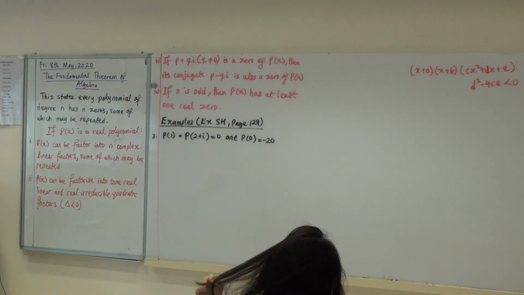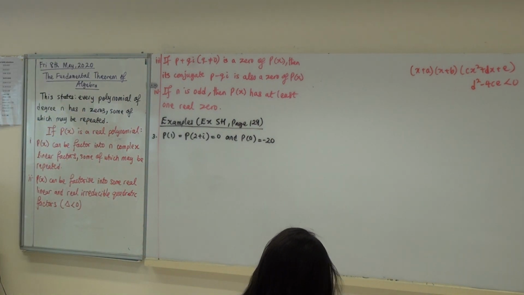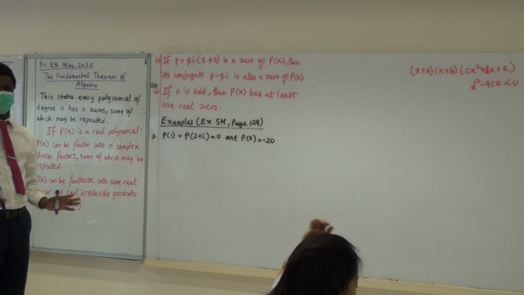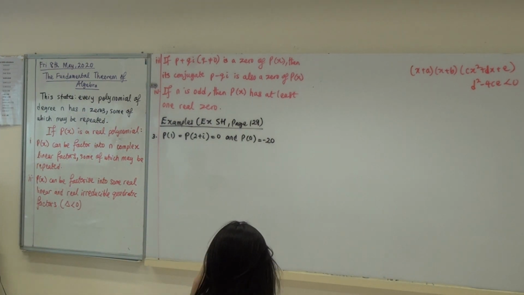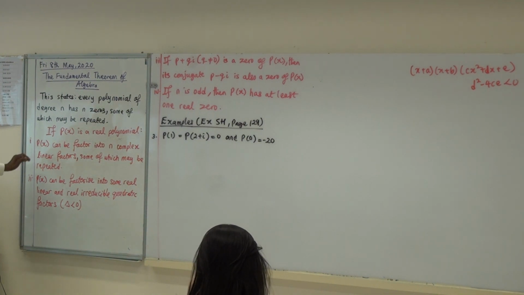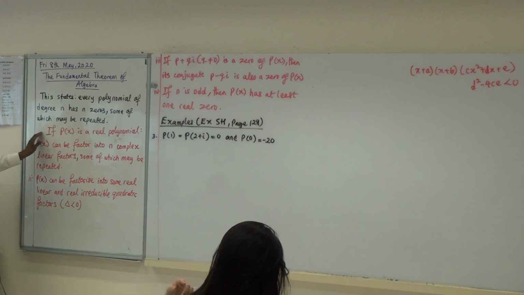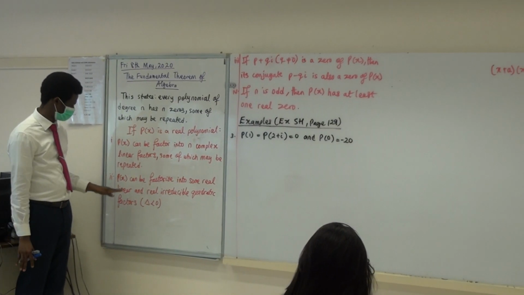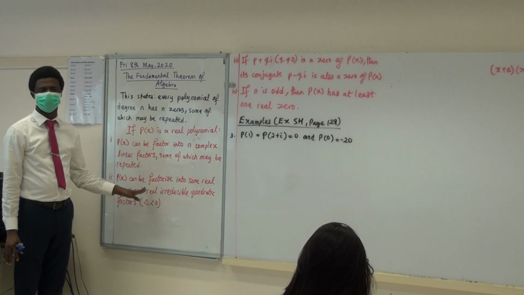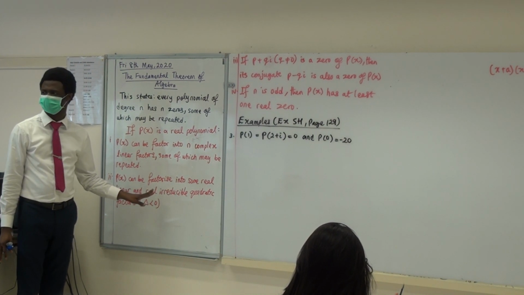Focus please. P of x is a real cubic polynomial. All these properties work for real cubic polynomials. First one is trivial. We've talked about that before. We don't need to waste time on that. Second is also clear to most of us, right? Everybody should understand.